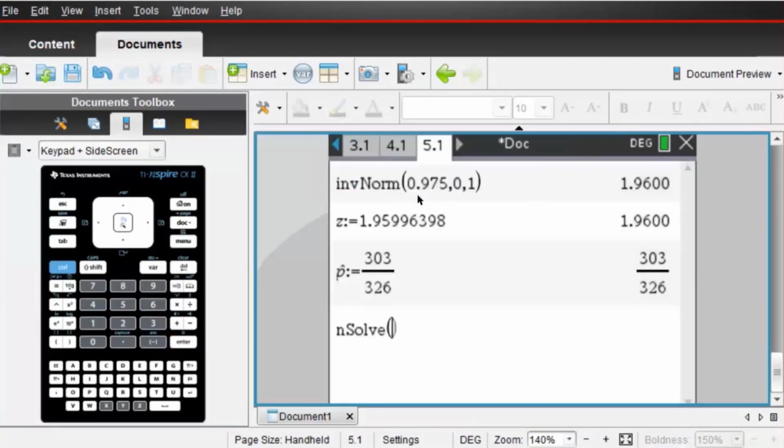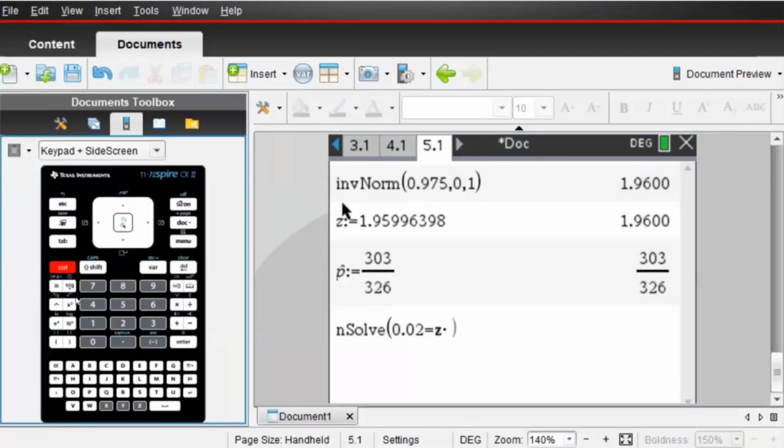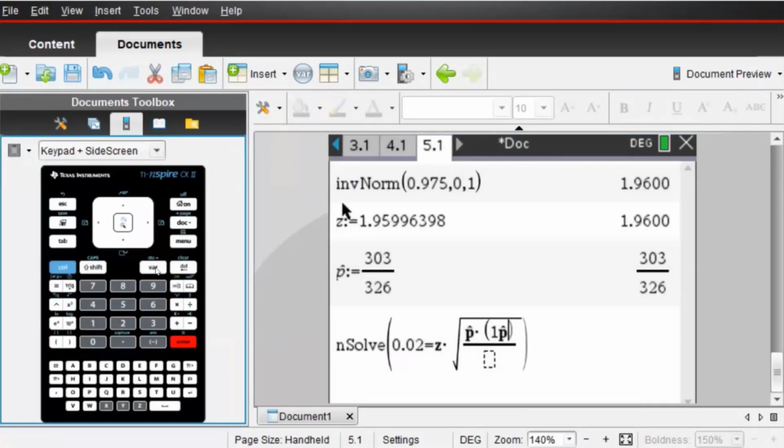Basically, I just want to do a numeric solve of 0.02 equal to the Z value times the square root of, there's a template, I'll just press var here, it gives it to me straight away, times 1 minus var over n, comma, n. So that's what I'm solving, really, that equation.